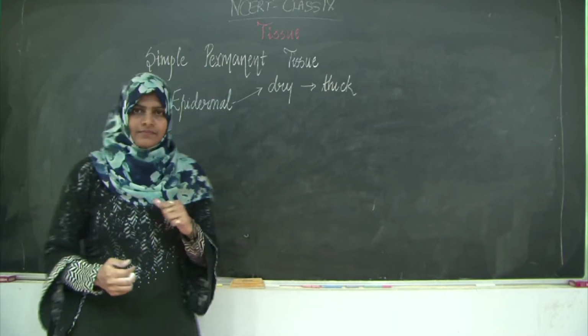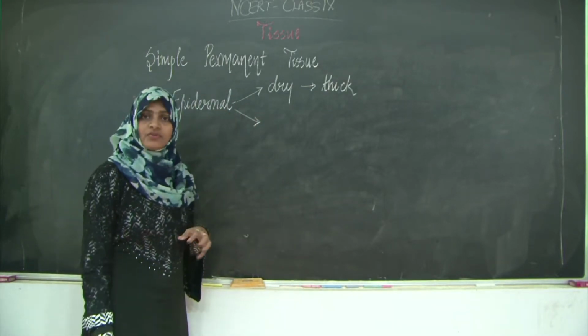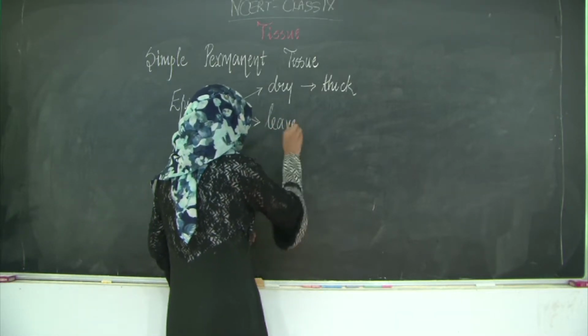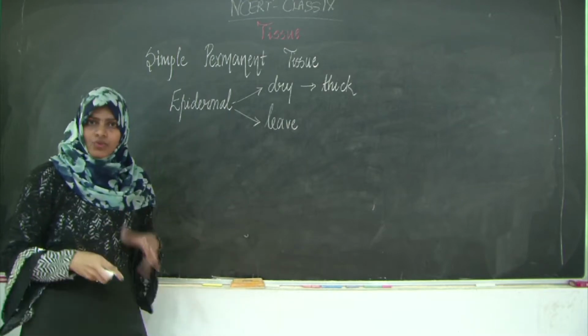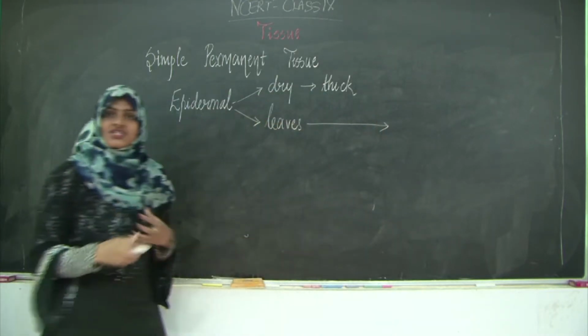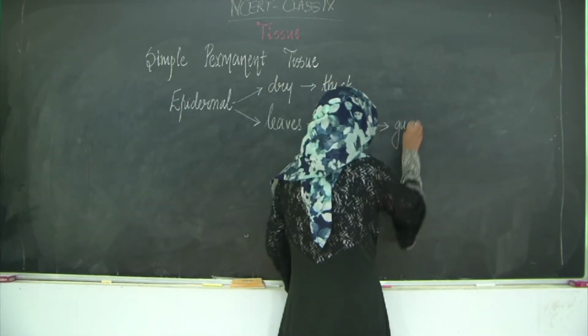The epidermal cell is the outermost layer of all the parts of the plant, and in dry habitats it is very thick. The next one of the epidermal cell is very important, which we have already studied, and that is of the leaf. I will do this in a bit more detail, because in leaves the epidermal cells have a specialized type of cell known as guard cells.